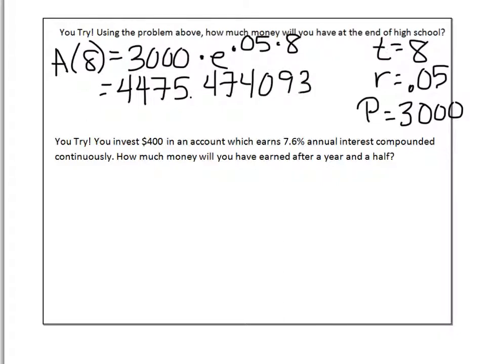We're going to follow the same directions, which means to round to the nearest dollar. So we look at the 5. The number after the 5 is a 4, so we're staying the same again. So the amount after 8 years in that account would be $4,475.